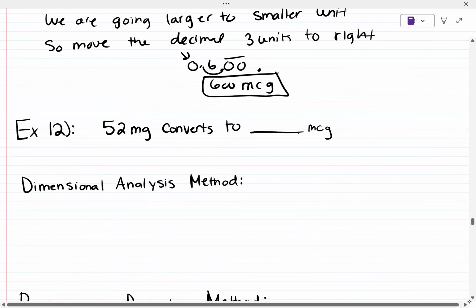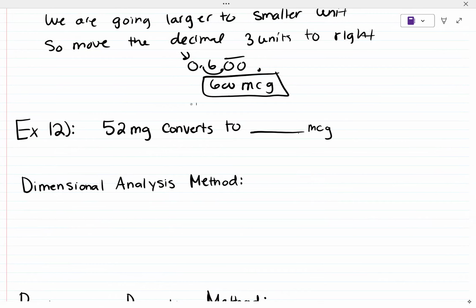So example 12, we have 52 mg. We have to convert it to mcg. So we're going from a larger to a smaller, so dimensional analysis. So we have 52 mg times, and then mg on the bottom, and then mcg on the top.